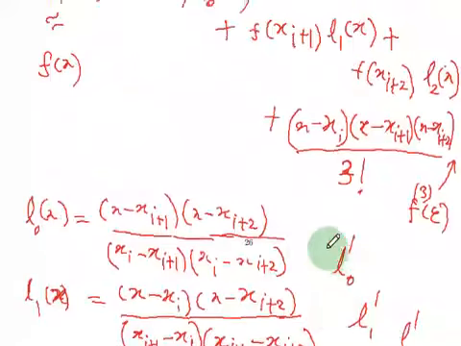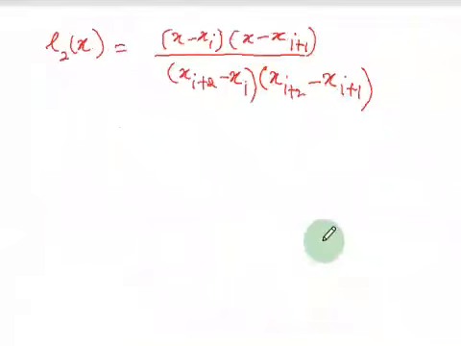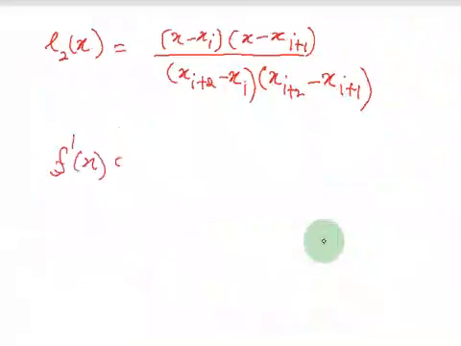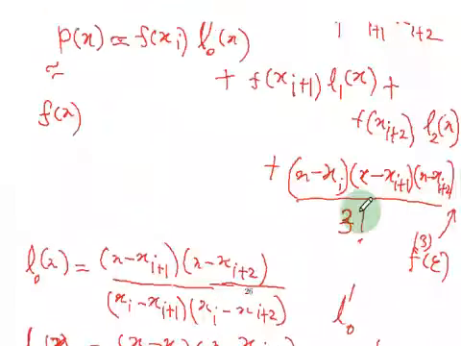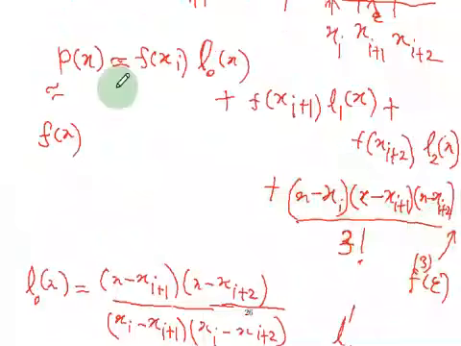F prime of x, you write with an error, you don't need to put an approximation mark, there should be an equal sign because you write with an error, right?